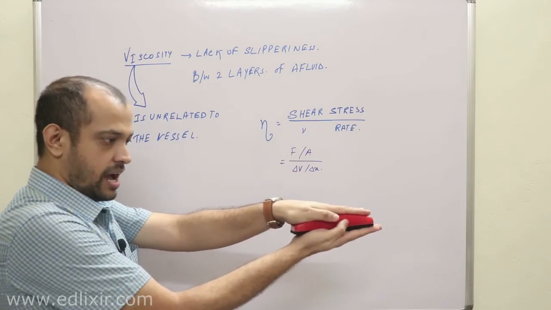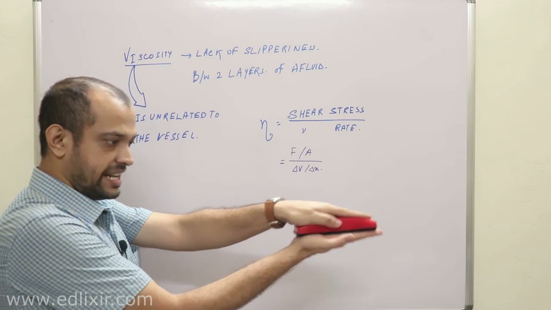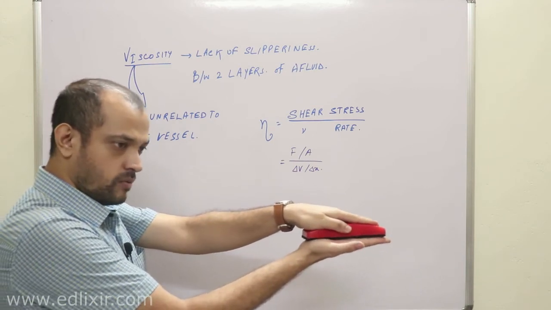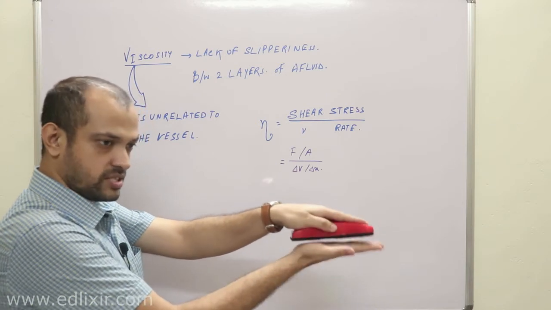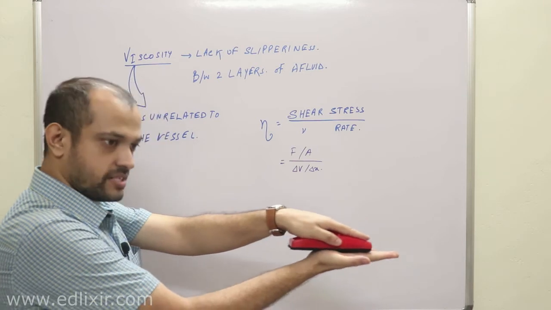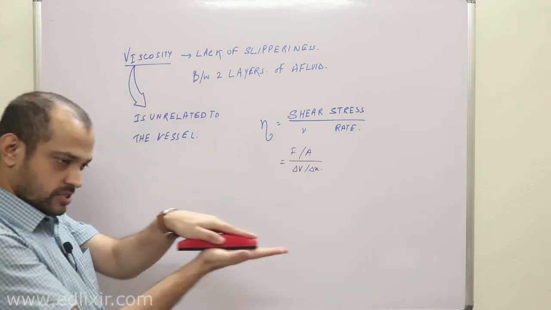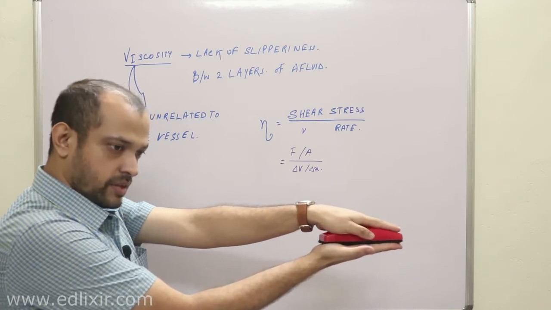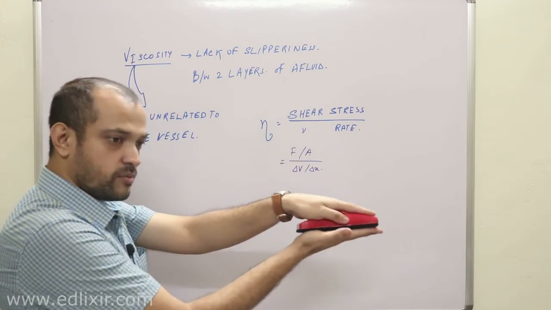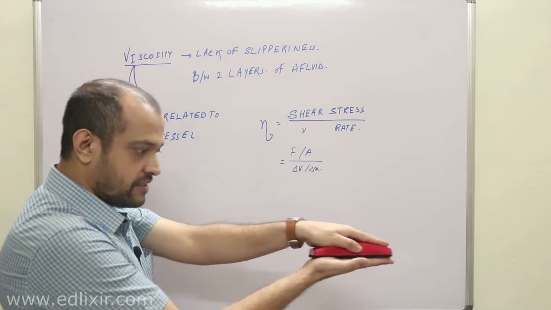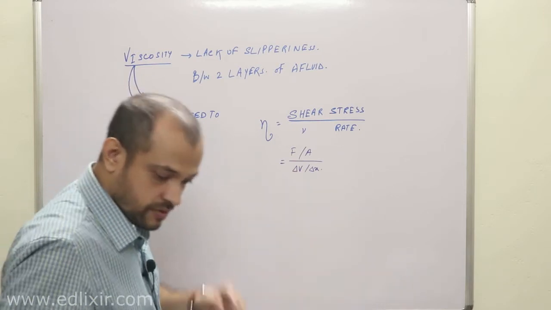Suppose I am now dragging this first layer, that means I am moving this first layer with respect to the second layer. If when I drag the first layer towards me, the second layer, which was supposed to be at rest, also starts moving, then we will have a relative velocity.